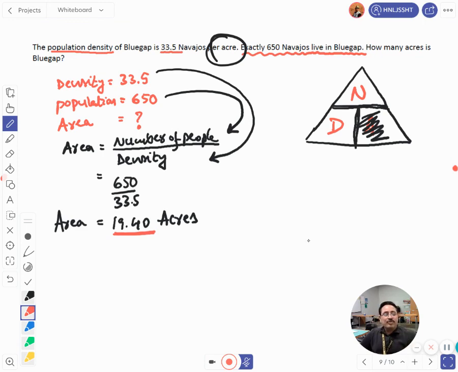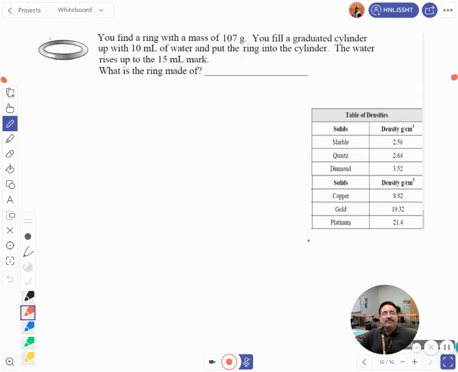Well, the last question for the session is, you find a ring with mass 107 grams. So mass is given, and you fill a graduated cylinder up to 10 milliliters of water and put the ring into the cylinder. The water rises up to 15 ml.